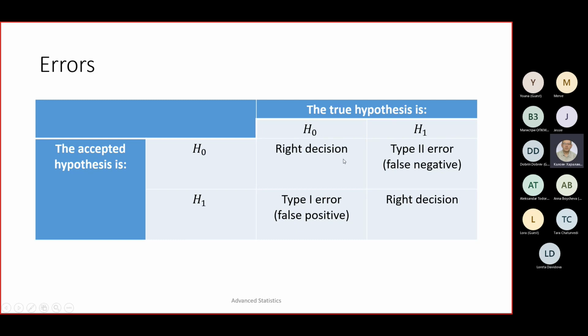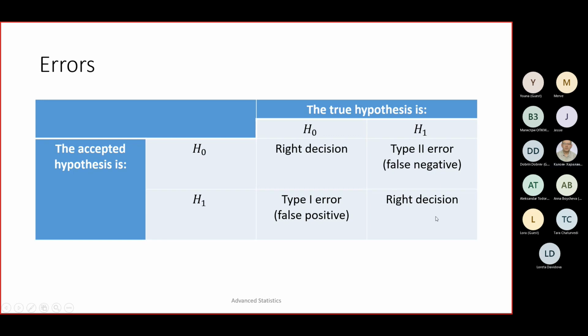Our decision will be right. The same if the alternative hypothesis is true, and our data and our calculations lead us to the decision that we have to accept alternative hypothesis, then again, our decision will be right.